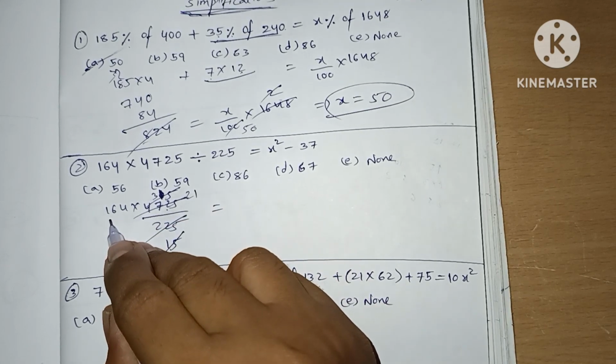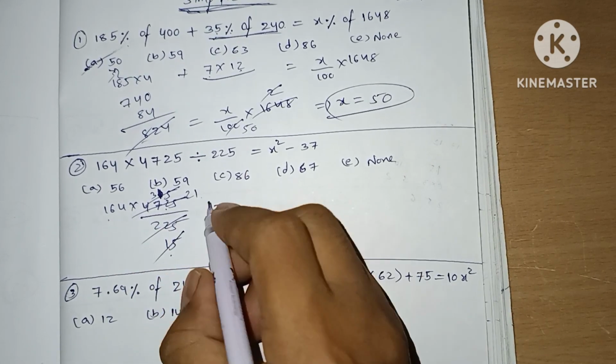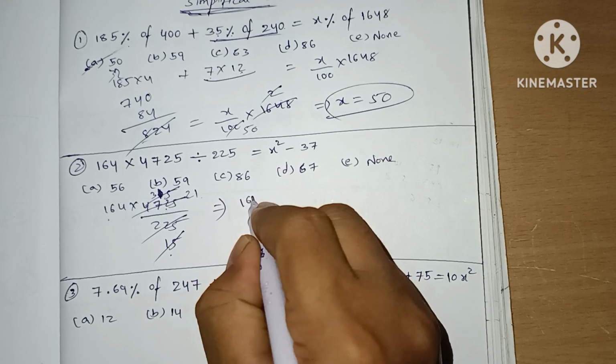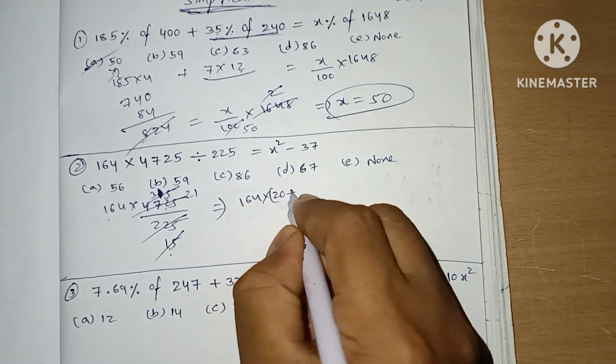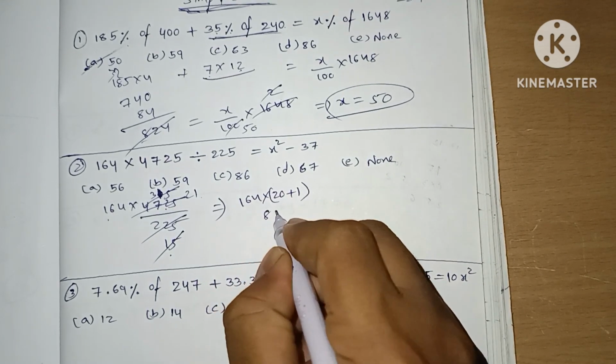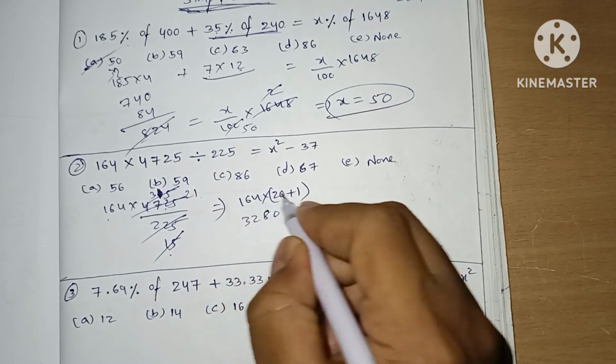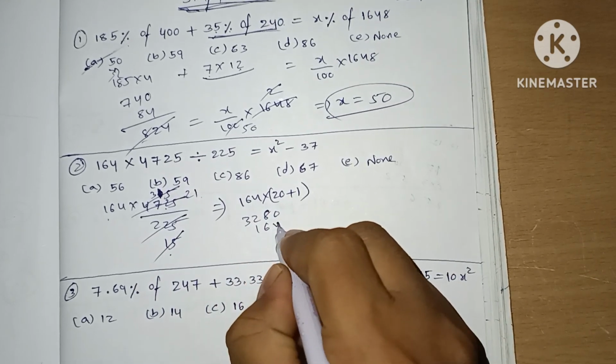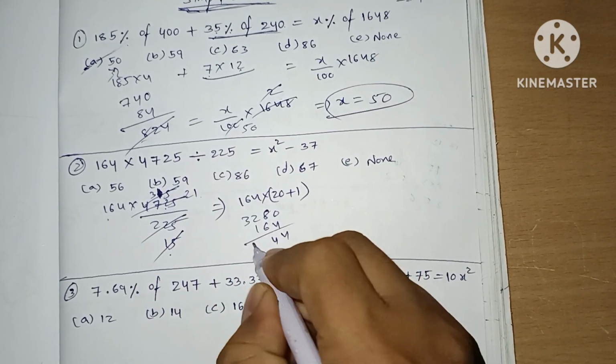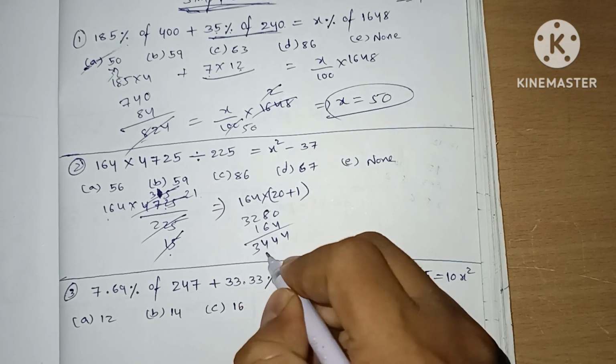So we have 164 into 21 from this one. 164 into 20 plus 1. We calculate like this: 3280 plus 164.